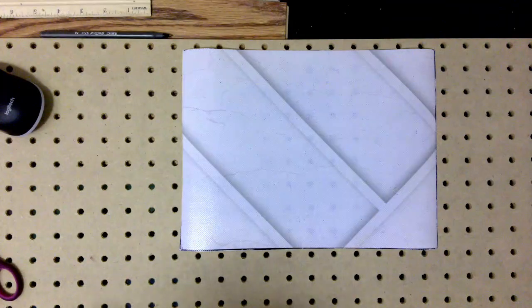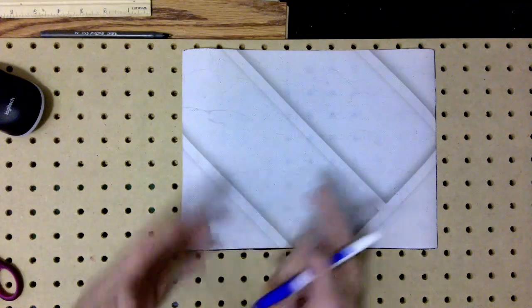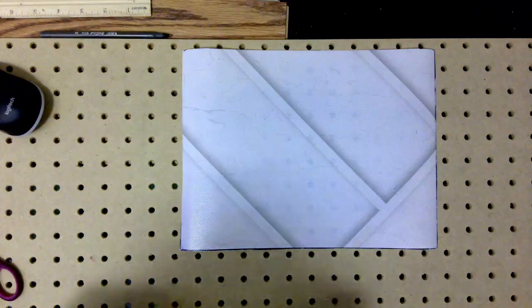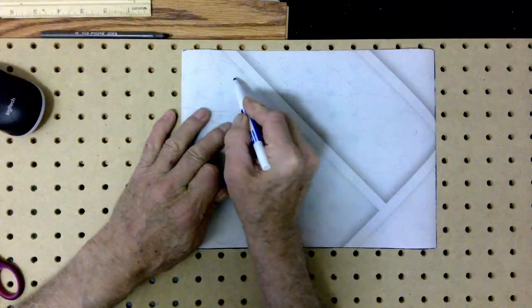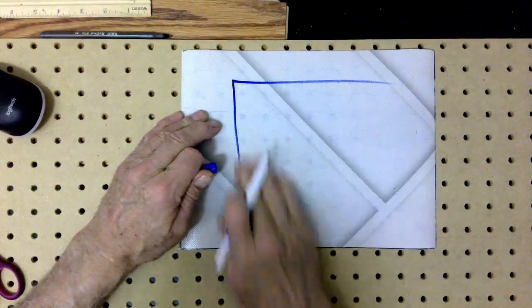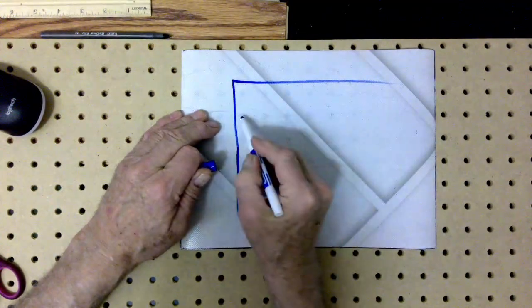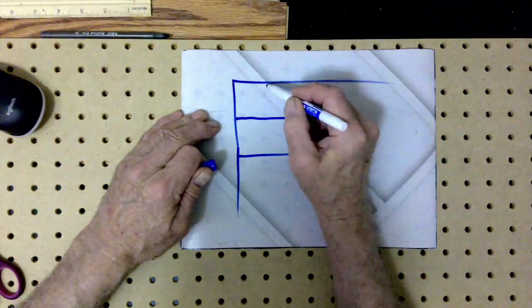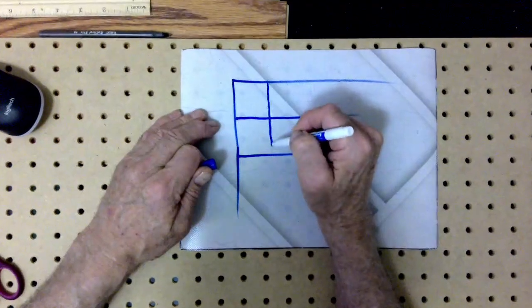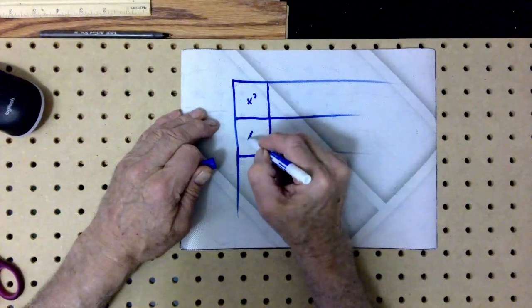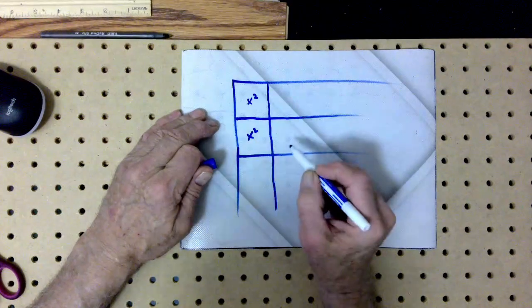I'm going to pause it right now. Yeah, I was paused for a little bit. You can see I cleaned up. I got another sheet down here. Let's watch this. I'm going to make that diagram this way. This might help you see how you can make it very quickly and easily. So I'm going to go across like that, go across like that, and come down like this. There's the x squared piece there, the x squared piece here.